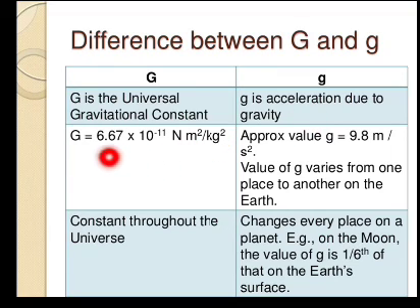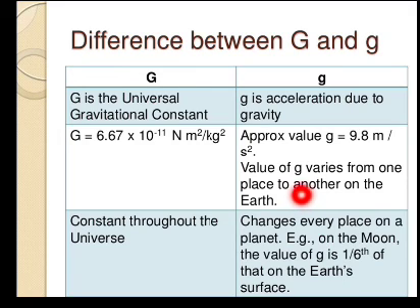The value of the gravitational constant in the universe is 6.67 into 10 raised to minus 11 Newton meter square per kilogram square, while the value of gravitational acceleration on Earth is approximately 9.8 meter per second square. It varies from one place to another on the Earth also.